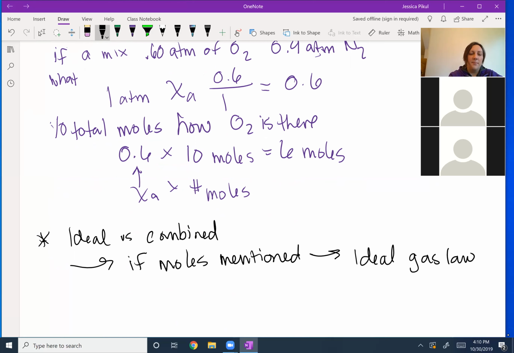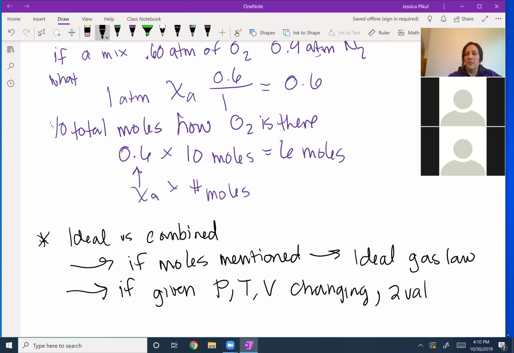If you're given either pressure, temperature, or volume changing, and so you have 2 values for one of those, that's when you use the combined gas law. Or if it doesn't mention moles. Unless it's talking about density, then that might be actually, never mind, misleading.